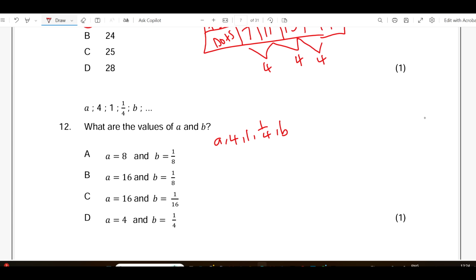In order for me to get this 1 over 4, I've simply divided this one by this one, and then I got this one. Guys, just observe.